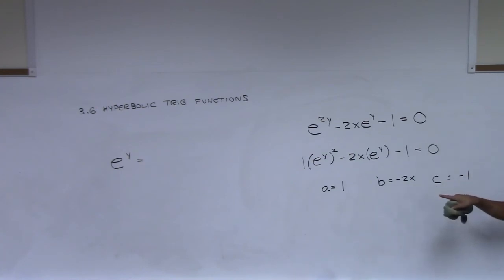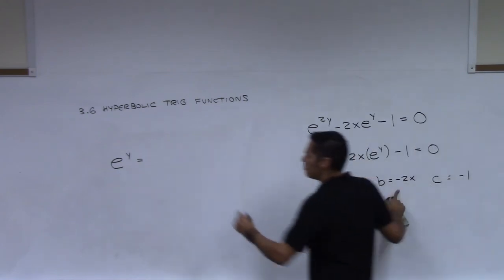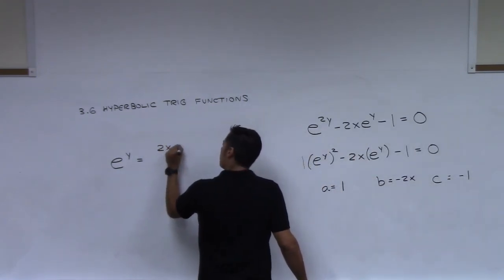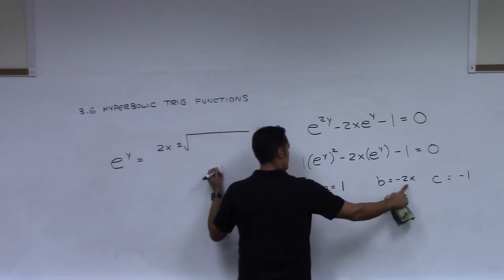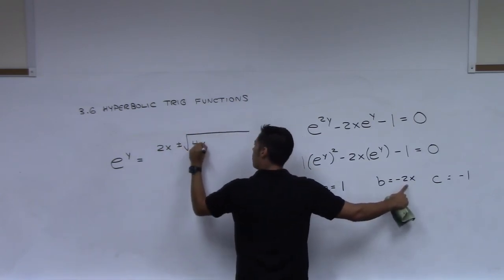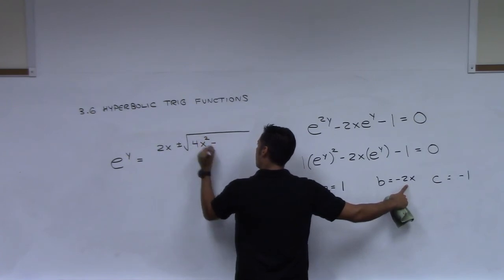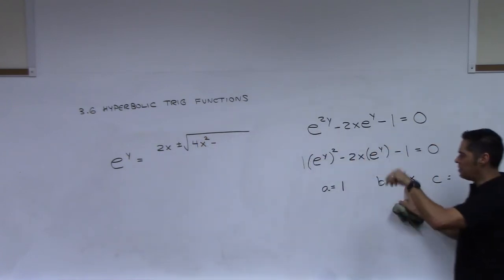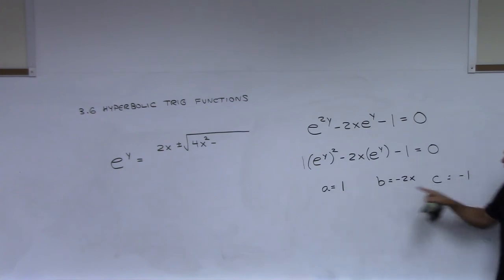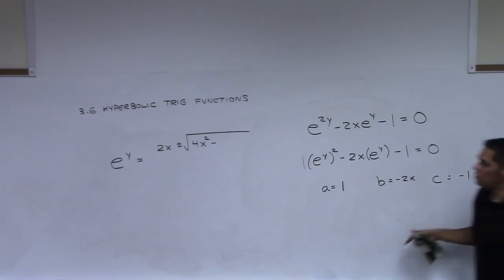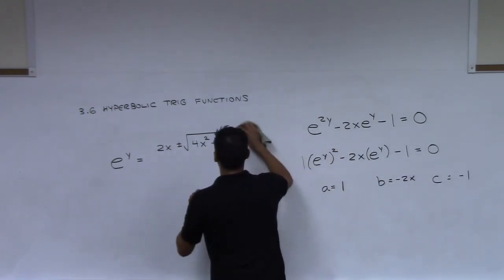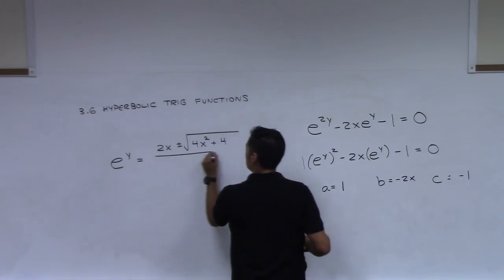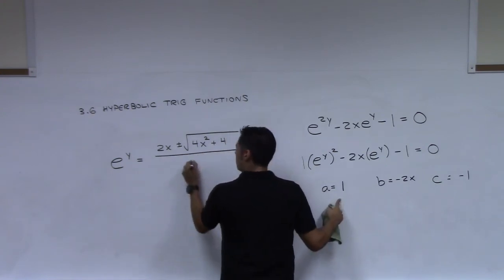So what's negative b? 2x, plus or minus the square root of b squared, 4x squared, minus 4 times a times c. So 4 times a times c is negative 4, right? So it's really going to be plus 4 here. And then all of this over 2 times a, so 2.